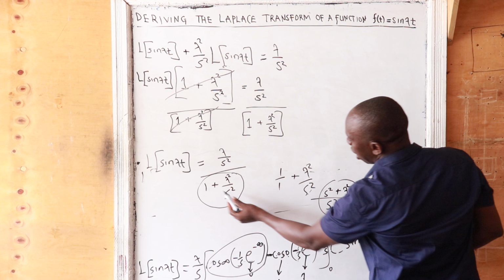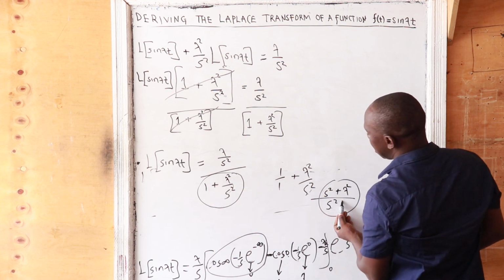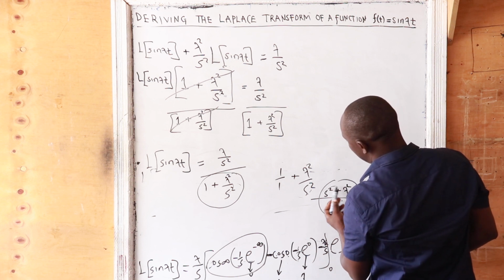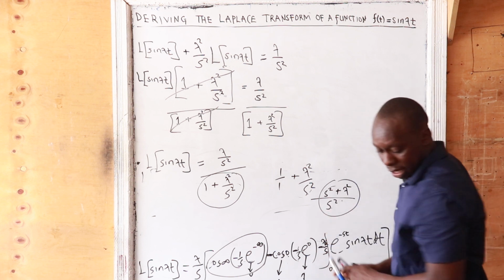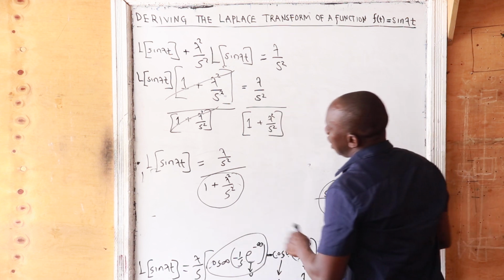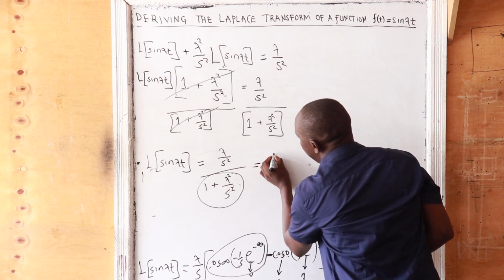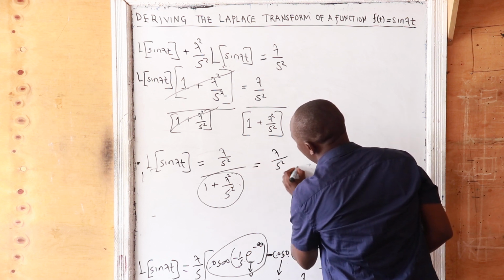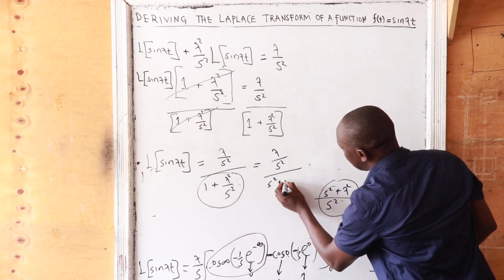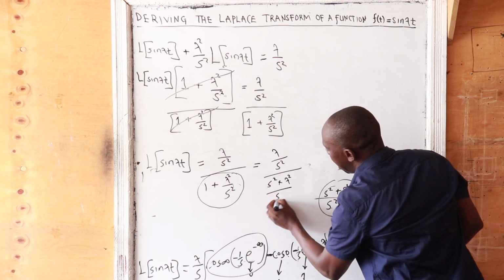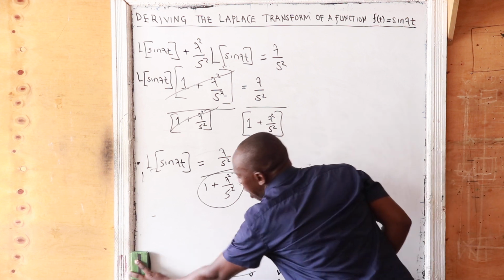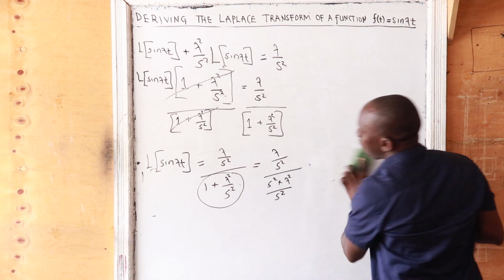So this term can be worked out to be this term here. So we can come here and write this as lambda over s squared all over, remember, we have worked on this to get s squared plus lambda squared all over s squared. That is what we get right now.